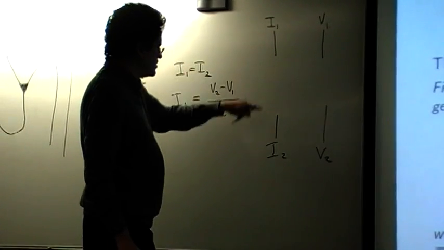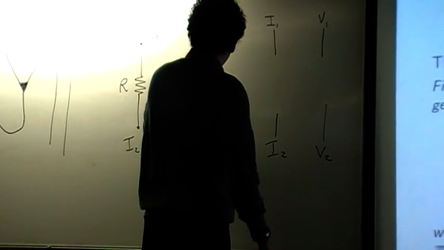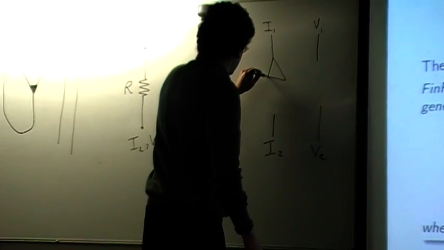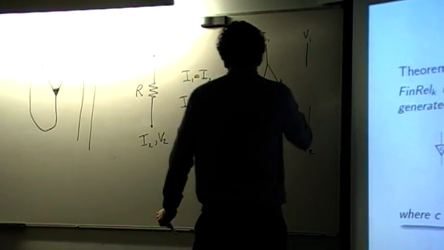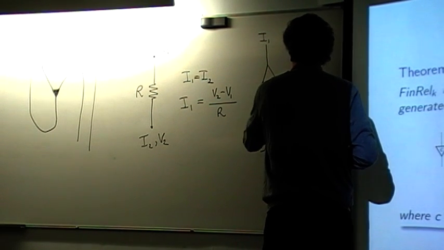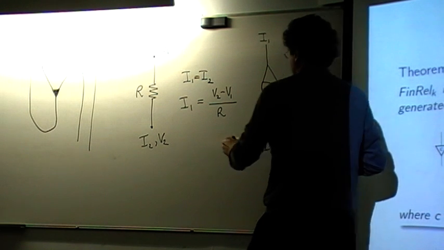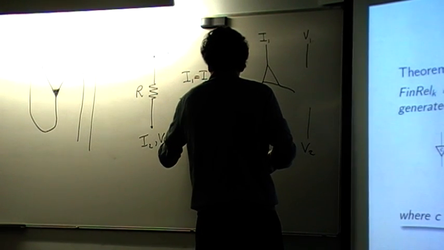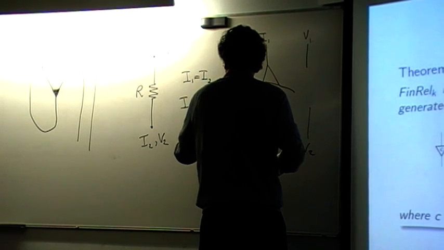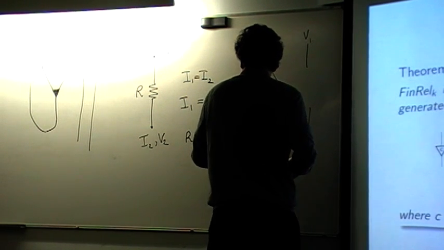So we want I1 to equal I2, but then we want to use I1 for some other purpose as well. So I'll duplicate I1, and I'll pass one over to here, so that makes I2 equal to I1. And then here, I think the way it works out is that if I solve for V2, I get R I1 plus V1 is V2.